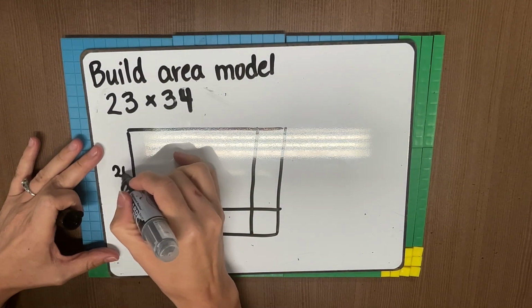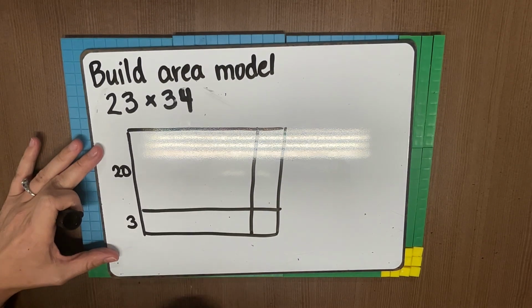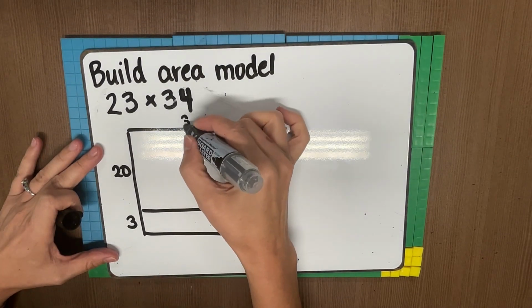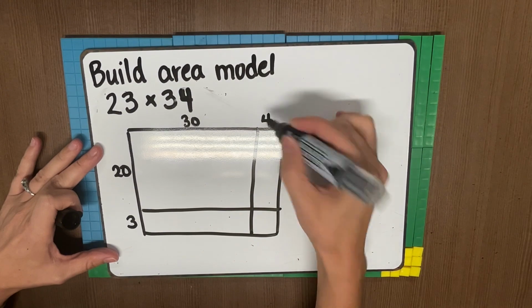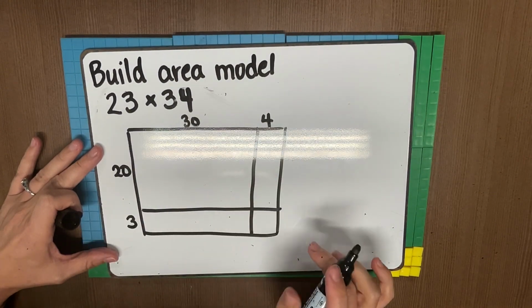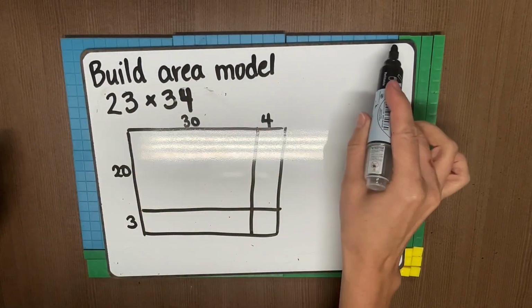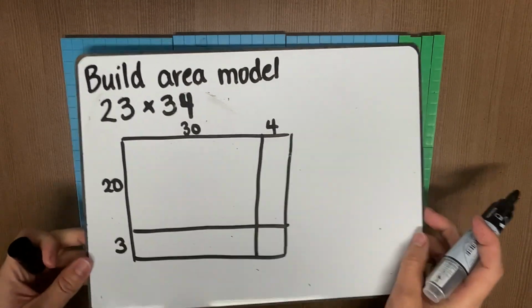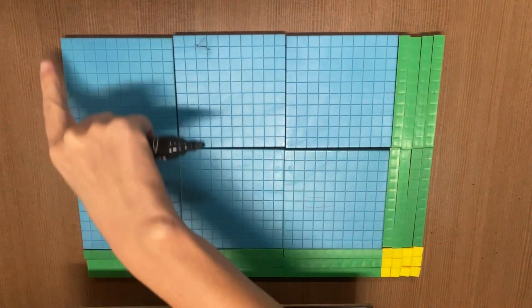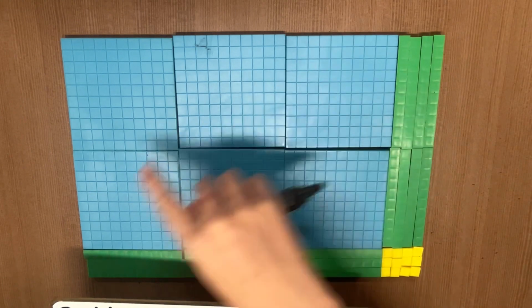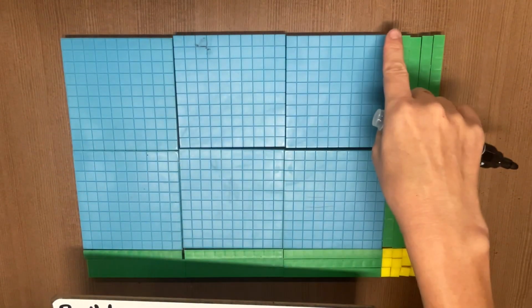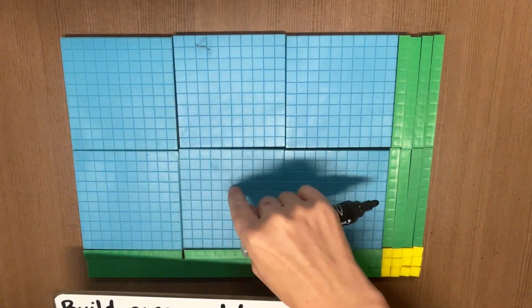Well, it was 20 and 3 high and 30 and 4 wide, long. So 20 by 30, I can even remove this and see 2 times 3 is 6. So 20 times 30 is 600.